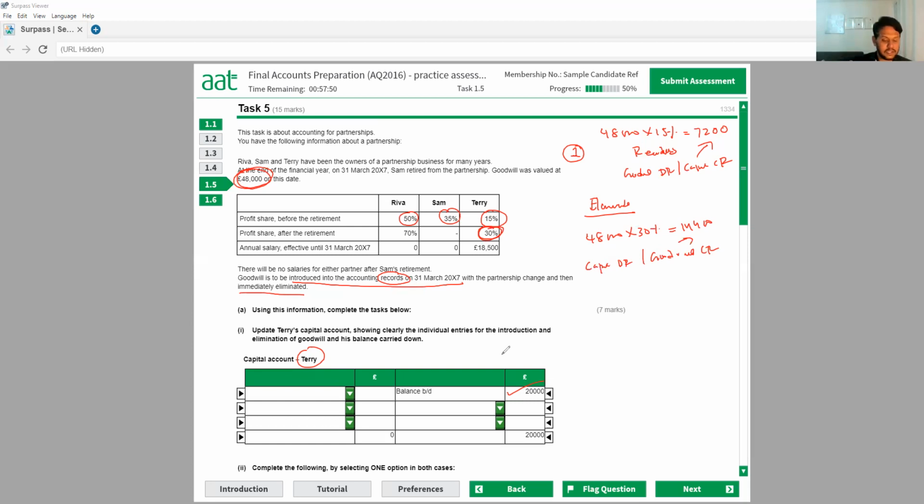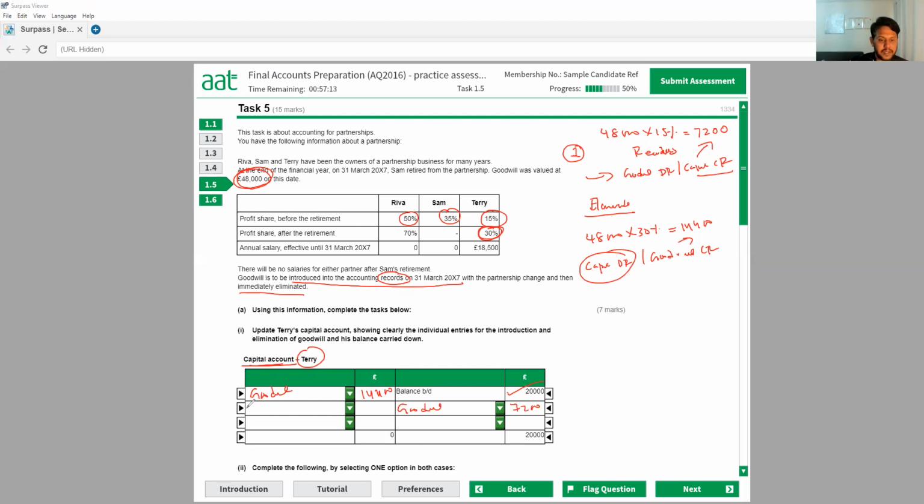So let's do that. The first journal is goodwill debit and capital credit. So on the credit side of the capital account, remember that, we write goodwill, and that will be 7,200. The next one, capital is a debit. So on the debit side, we write goodwill, that is 14,400.